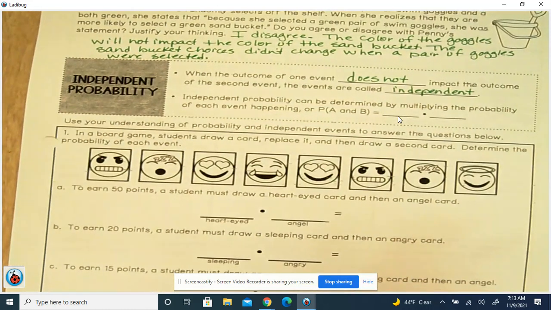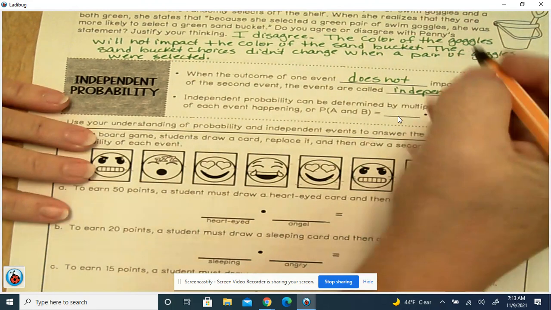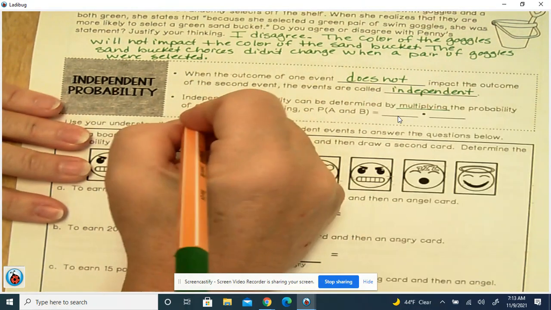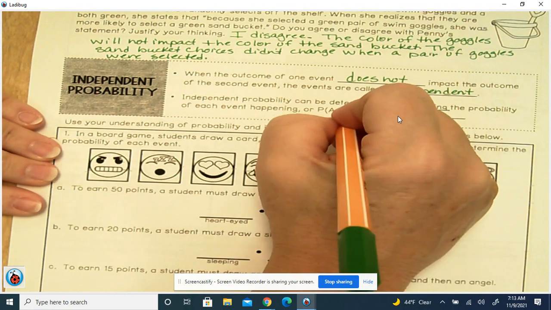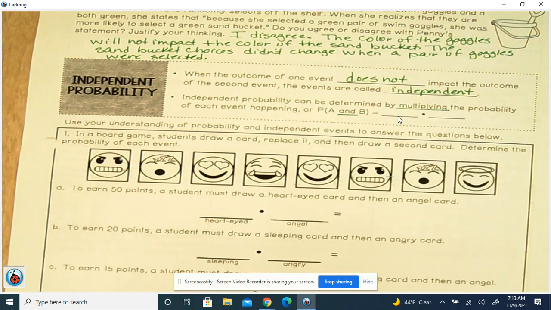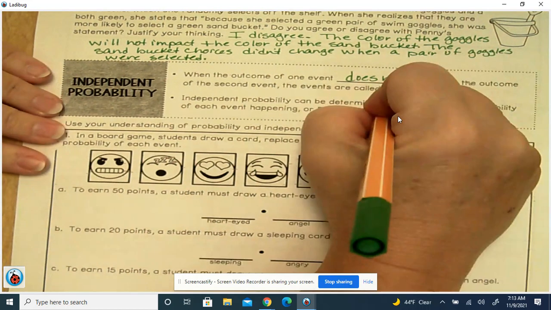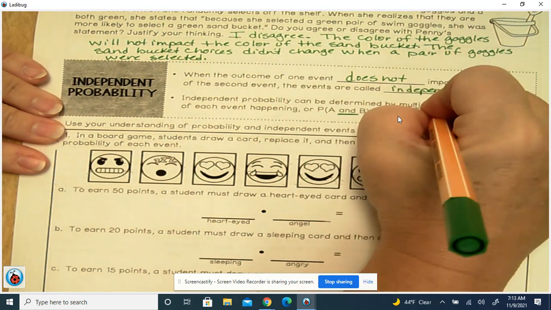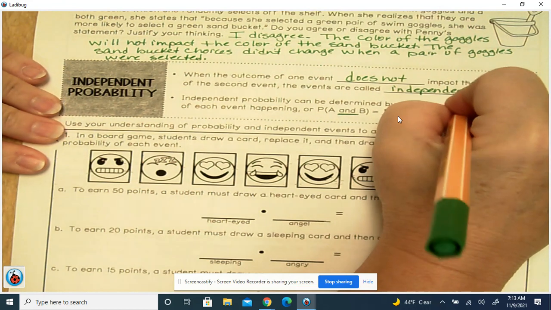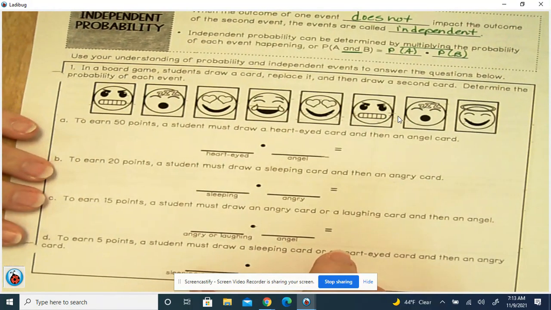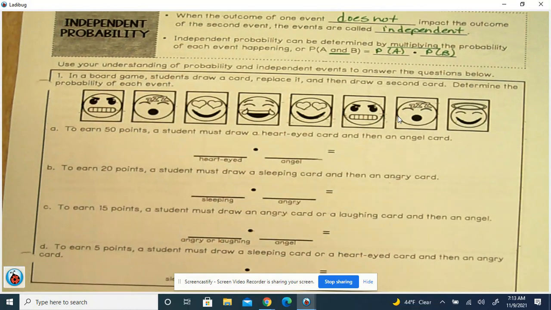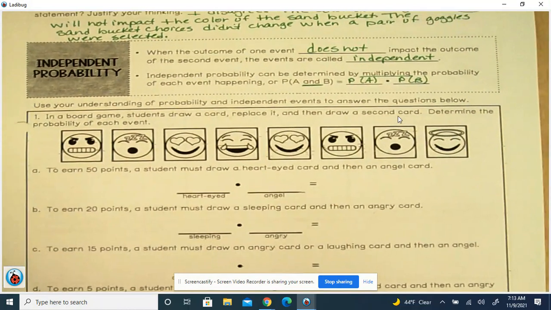Independent probability can be determined by multiplying the probability of each event, or the probability of A and B. Remember I said in that first video on simple probability that "and" meant multiply. So that's the probability of A times the probability of B. So use your understanding of probability and independent events to answer the questions below.